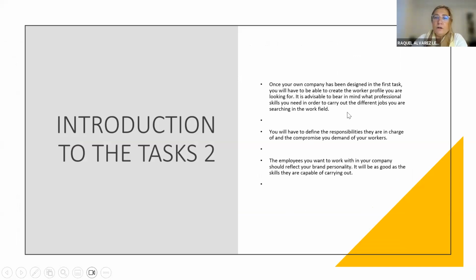So once you have your own company, so now that you have created your own company, and obviously you have designed the first task, you will have to create a worker profile.